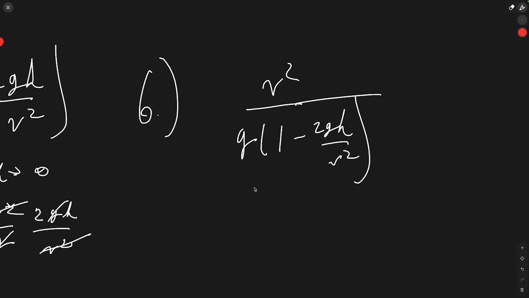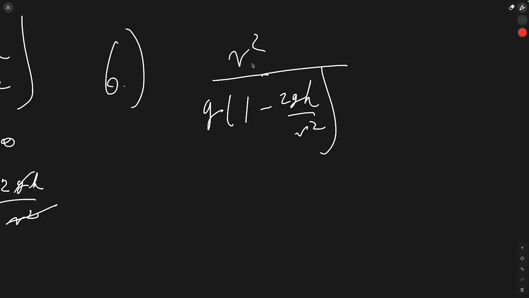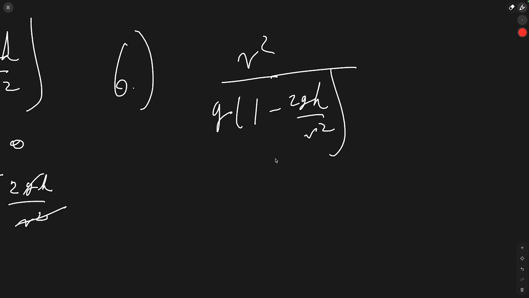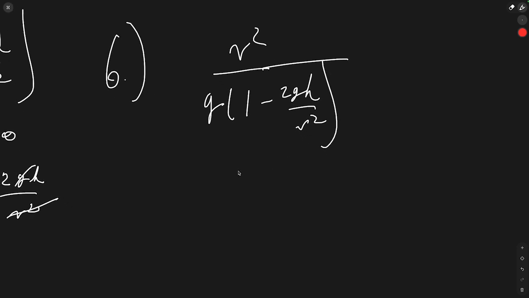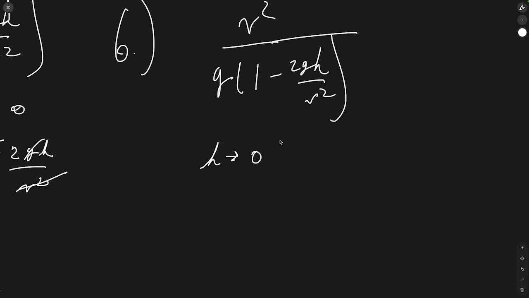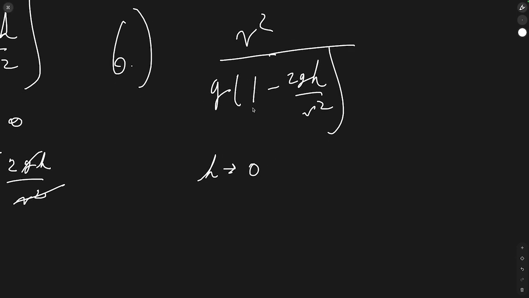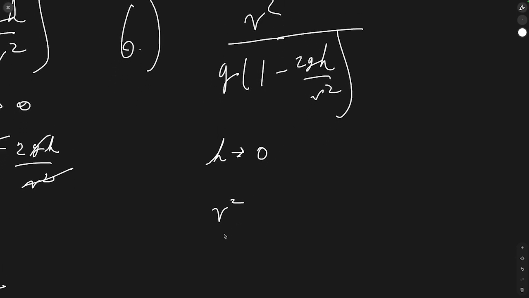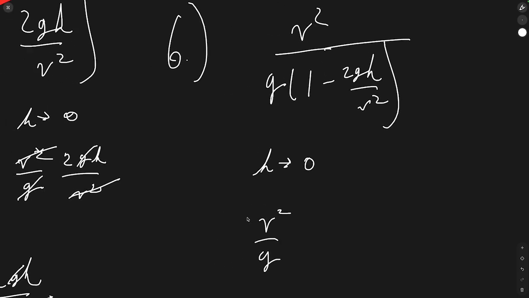Let's see what's going on with this last one here. Oh, well, we have a rational function, right? Let's just look at all the things, though. When h goes to 0, what do we have? This is simply v squared over g. That's fine. I like that.